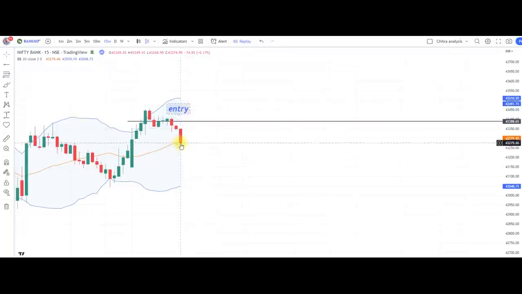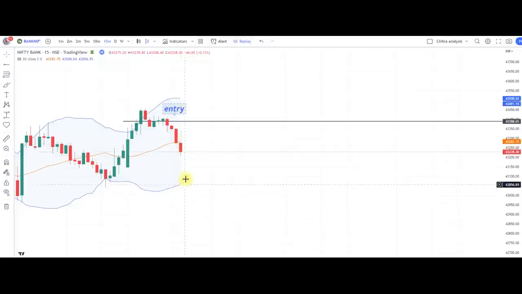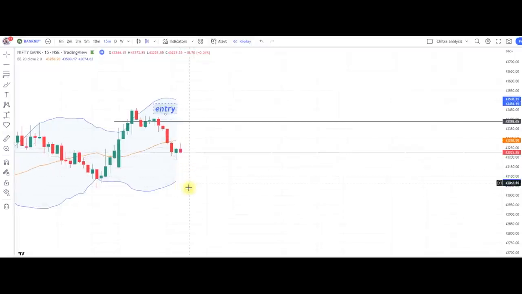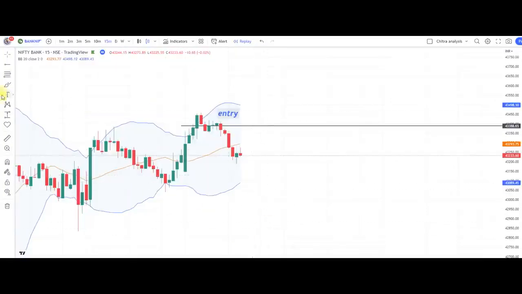See, we got our first target. Let's see how many points we got in the short trade. We entered here, and the mid Bollinger Band is 129 points. We got more than 100 points in this particular short trade. So this is how we need to enter into short and long trades accordingly.